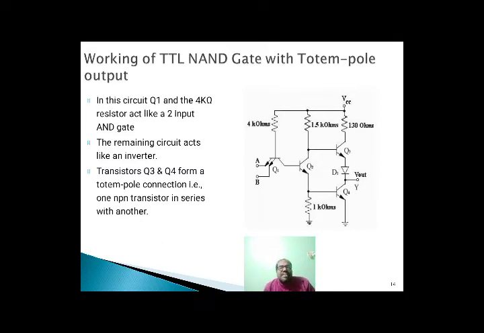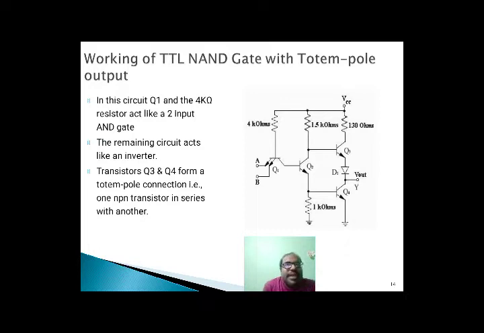The remaining circuit acts like an inverter. Transistors Q3 and Q4 form a totem pole connection, that is one NPN transistor in series with another. Totem pole connection means one NPN transistor is connected with another transistor.